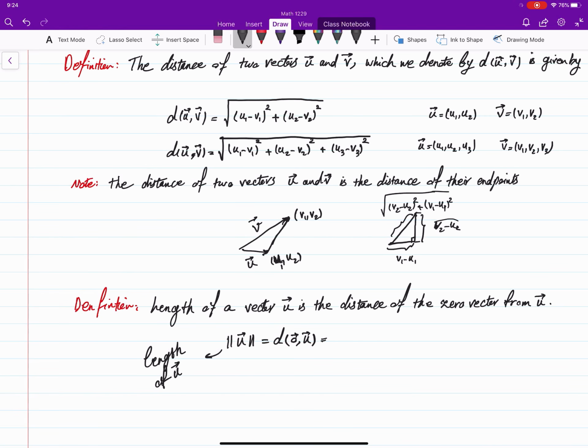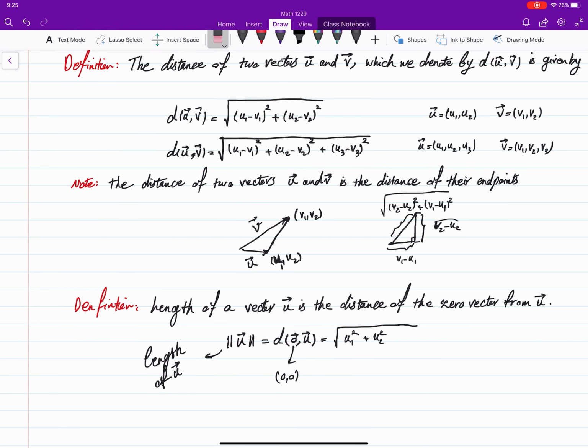But what does it mean? It means subtract the components. Remember, the zero vector has 0, 0 components, or in three-dimensional 0, 0, 0 components. So what you do is u1 minus 0 is u1 squared, u2 minus 0 is u2 squared, and that gives us the length.